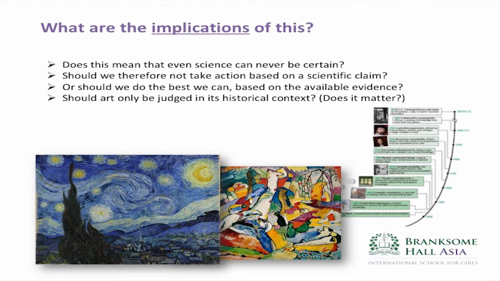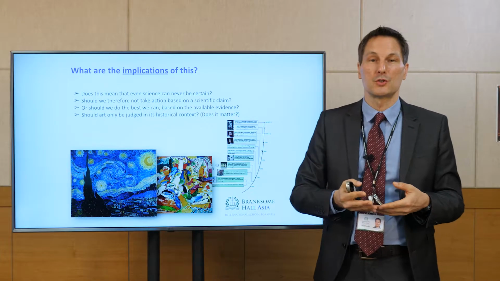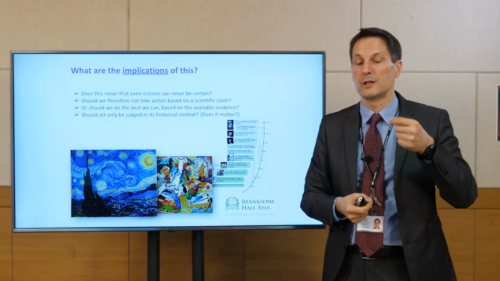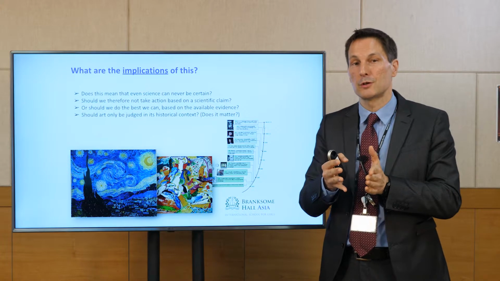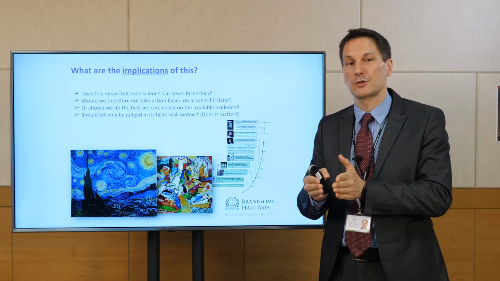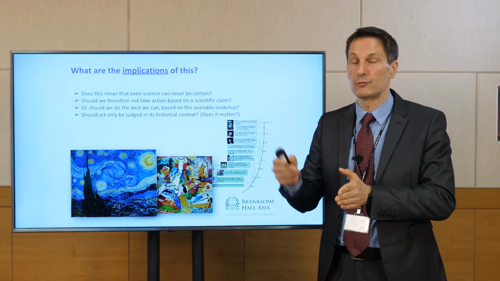Should we just do the best we can based on the available evidence? Sometimes we just need to take action because we need to do something, even though we don't have 100% certainty. And so those are some of the lessons that students learn and think about when they're thinking about the relationship between critical thinking, assessing knowledge claims, and actually taking action based on those claims in the real world.